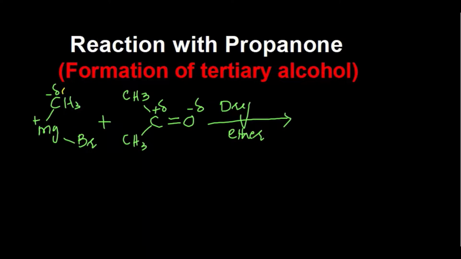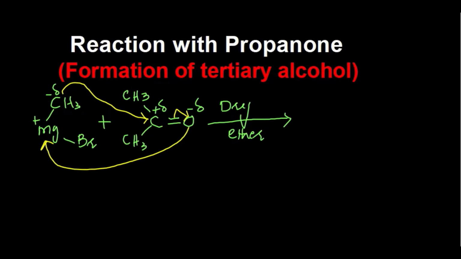Now students, we will see how the reaction will take place. Here this carbon, with the help of this negative charge, will attack this carbonyl carbon, right? And it will make a sigma bond with carbonyl carbon to keep carbonyl carbon tetravalent. Pi electron density shifted onto this oxygen. Now after the shifting of pi electrons, oxygen becomes negative, and with the help of this negative charge, it will attack this magnesium and form a sigma bond with this magnesium.